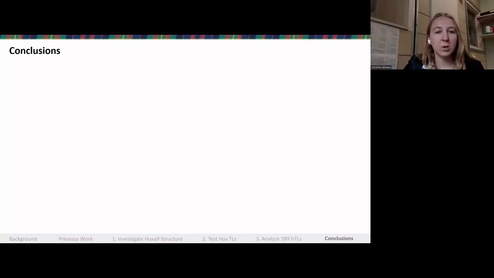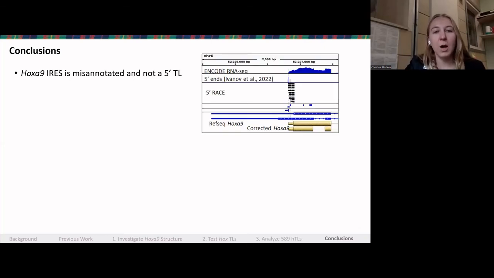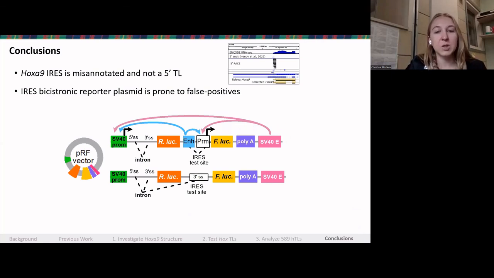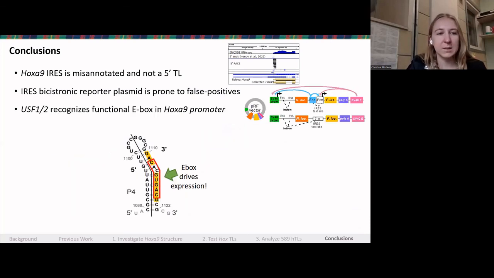And just as a conclusion, the HOXA9 transcript leader we identified, which was tested for IRES activity, is actually misannotated and is much shorter than the tested transcript leader in multiple studies. The bicistronic reporter assay is also prone to false positives, so a lot of other controls must be incorporated when using these assays.